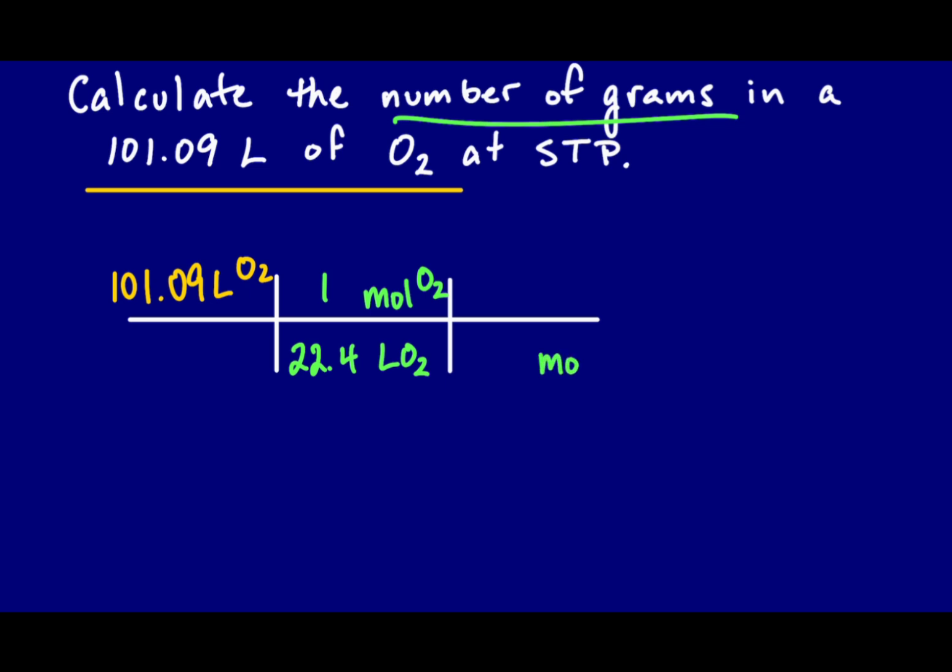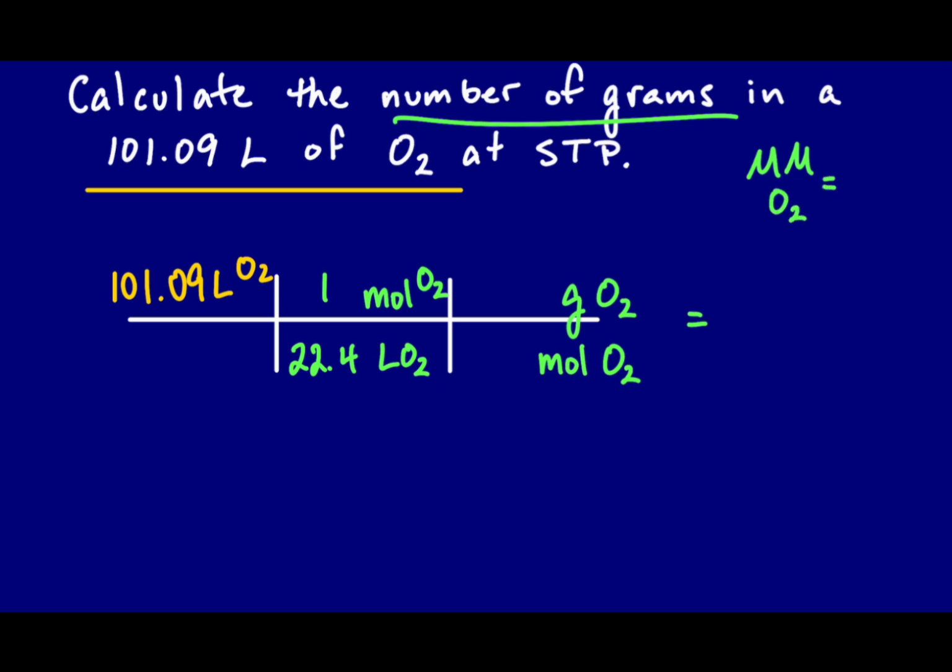We want moles to cancel out. That's still consistent. So moles of O2 need to be diagonal. But if we're using molar mass now, grams is going to be the numerator of this last fraction. This is going to allow us to end with only grams. So if we think about the molar mass of O2 from the periodic table, it's the atomic mass of oxygen twice.